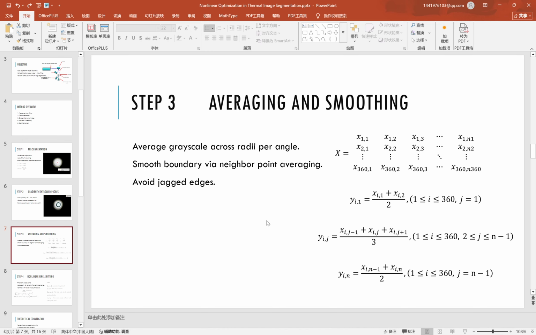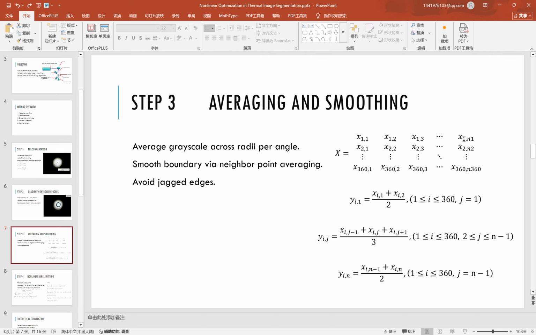So for the grayscale gradients at each angle, we let the original matrix be X, from x11 to x1n1. Why do we use n? Because the probe edge we fetched is different compared with the others, meaning that we use a different radius.